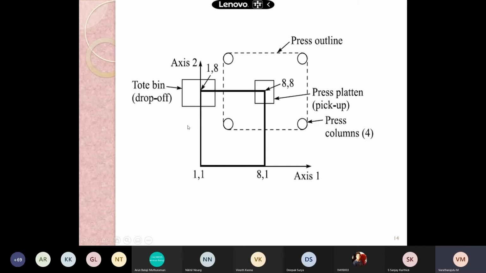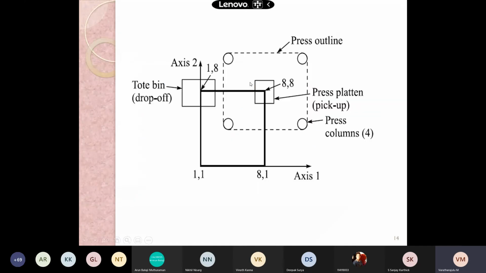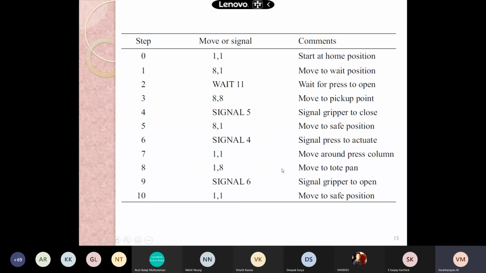We have the drop off here, and we need to pick up here from debris 88 and drop off at 0.18, and with some delay we are doing it in two different ways. 1 might be the starting point, and it has to move 8 1, and then wait for the press to open.